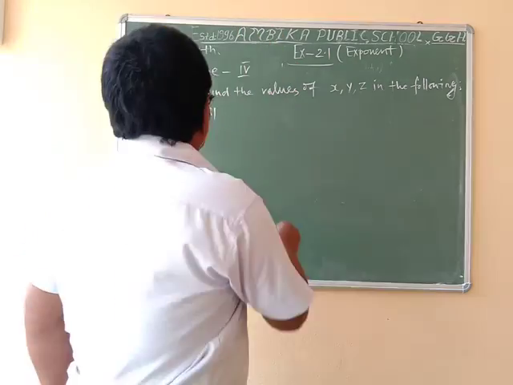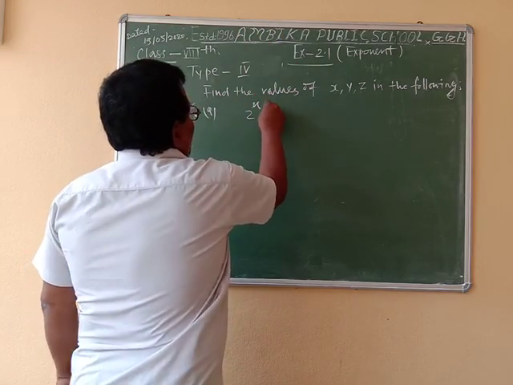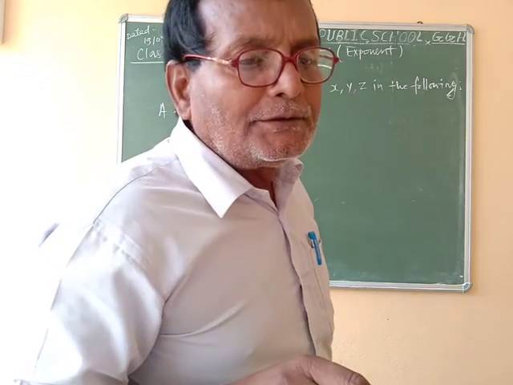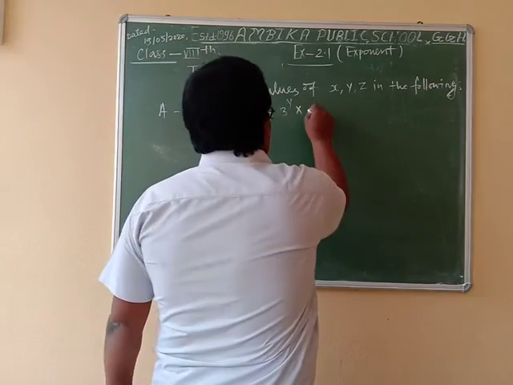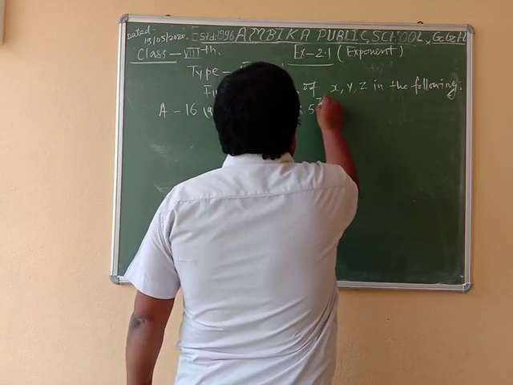2 to the power x into 3 to the power y into 5 to the power z is equal to 9000.